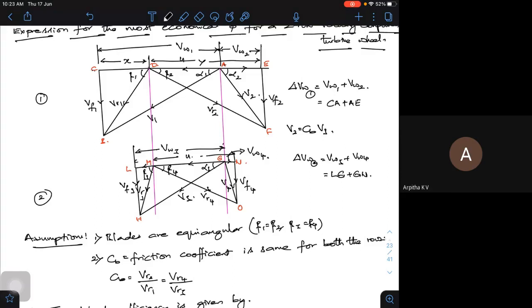So this is only for this condition. And also, your alpha 2 should be equal to alpha 3. So there is one more condition: your alpha 2 should be equal to alpha 3. This is the condition under which you can have a shockless entry. Let me write that.